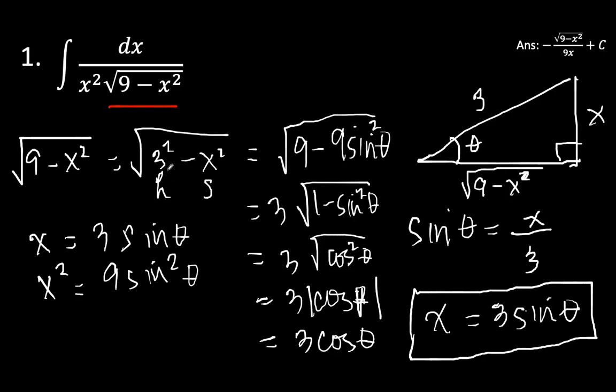All right, so we have already expressed the square root of 9 minus x squared as equal to 3 cosine theta.